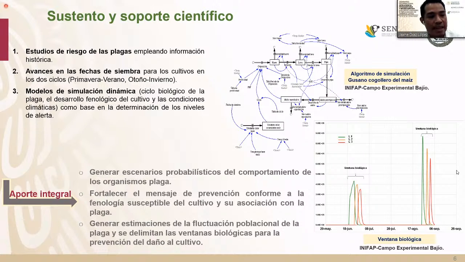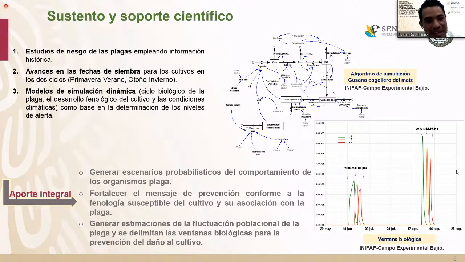And lastly, and very essentially, the very core of the system, the dynamic simulation models, where you have the biological cycle of the pest converge with the phenological development of the crop and weather conditions that are being analyzed under the principle of the epidemiological triangle I showed to determine the levels of alerts.